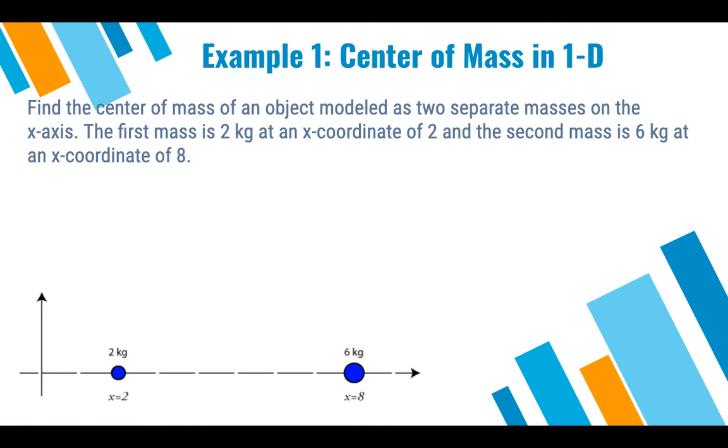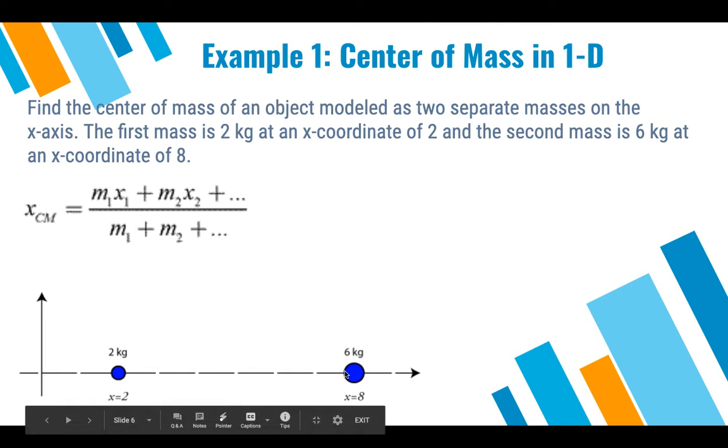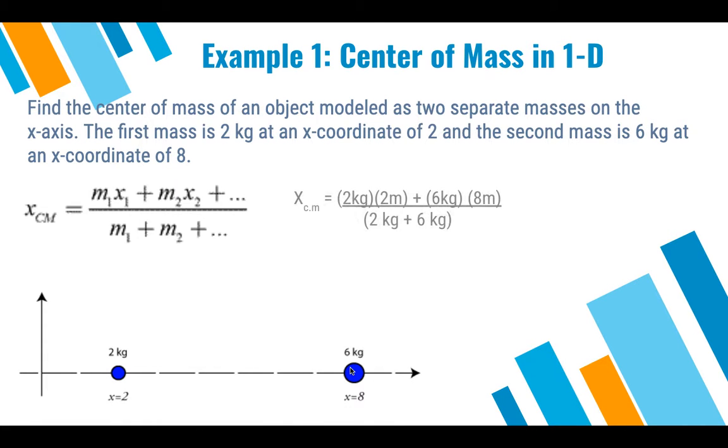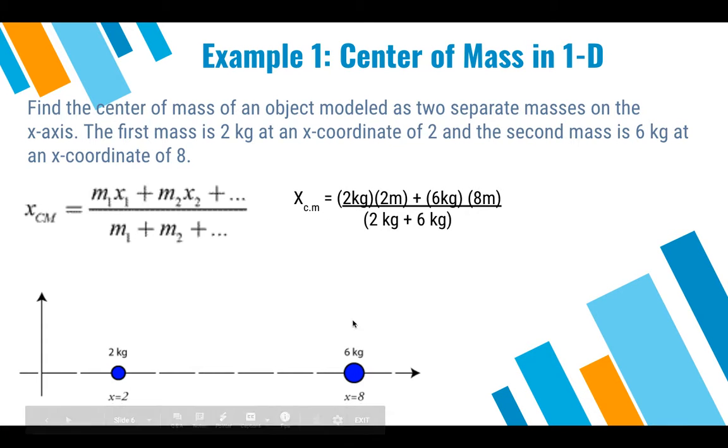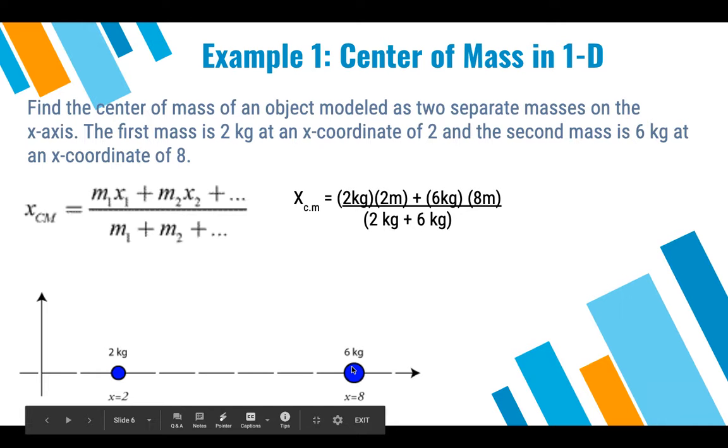To find out exactly what that position is, we need to use the x-coordinate for the center of mass. So we take the individual masses and multiply by their x-coordinates, and divide by the total mass of the system. So we'll have here 2 kilograms times the x-coordinate 2 meters plus 6 kilograms times the x-coordinate of 8 meters.